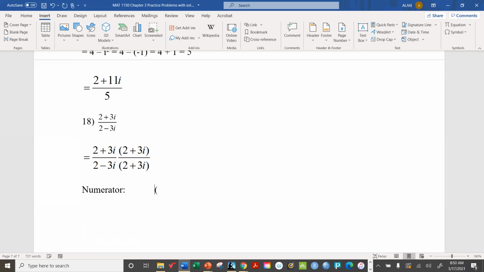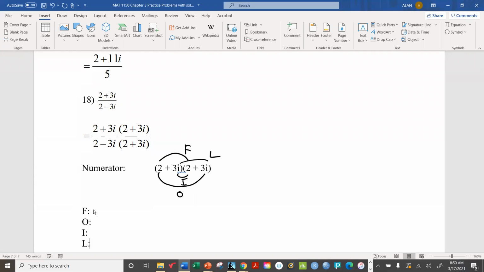All right, so for the numerator, we have 2 plus 3i, 2 plus 3i. So, of course, you're basically squaring this 2 plus 3i, but let's see how that works out. There won't be any cancellations here because there's no negatives. So we're going to have 4 for F. O is 6i, as is I. And the last term is 6i squared.